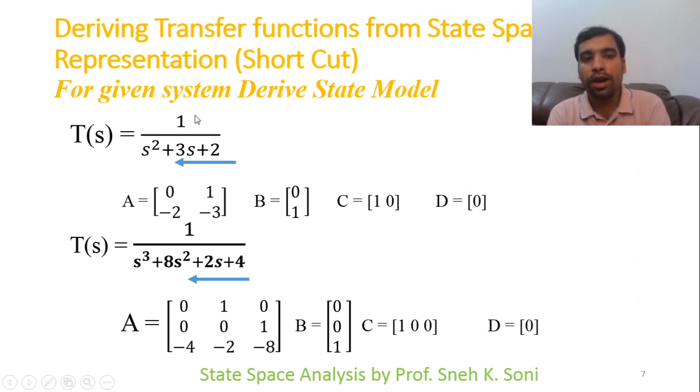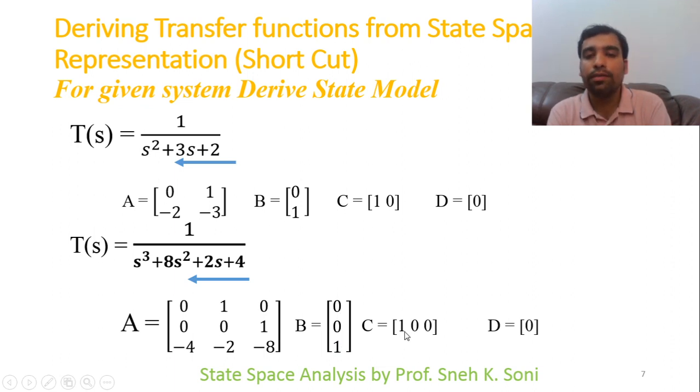If I have a numerator, like we discussed in the second example, then the C matrix terms will change. Here I don't have any numerator, I just have one constant term, so C equals 1 0, and D is by default 0. Similarly, here I explained matrix A, and for B the last element will be 1 and the remaining will be 0, so it is 0 0 1.